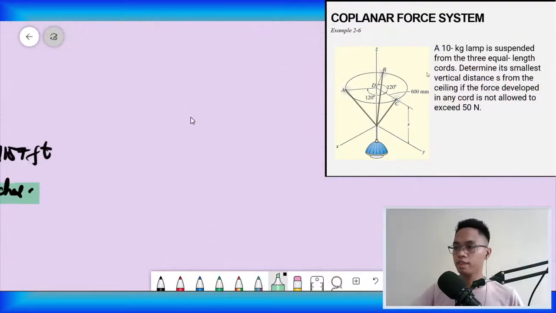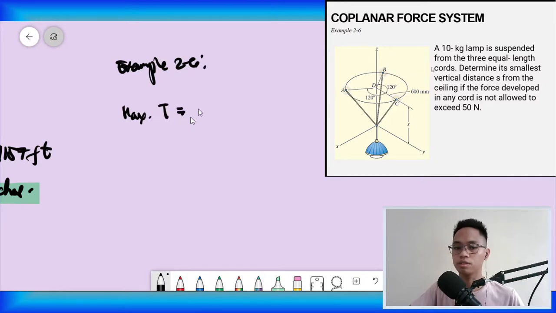So we are given that this is example 26. We are given that the maximum tension is equal to 50 Newton. Alright? So we have the weight.